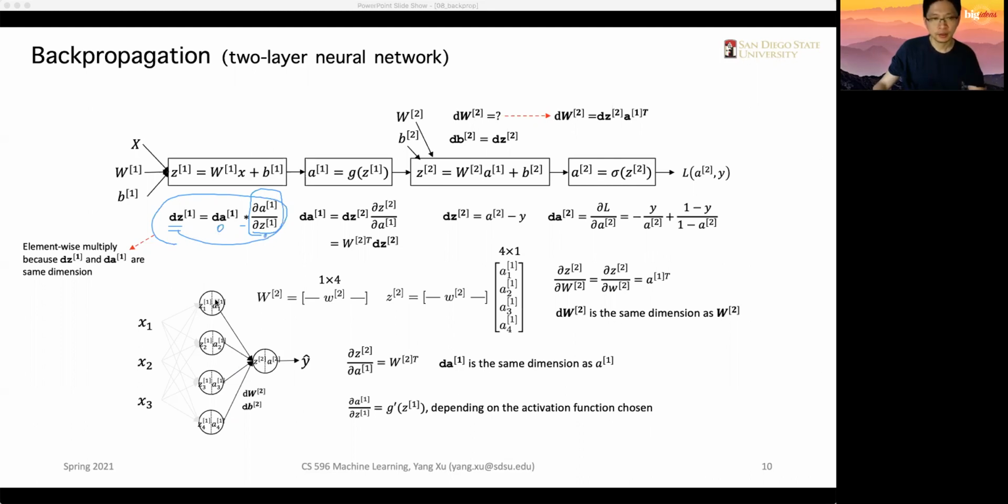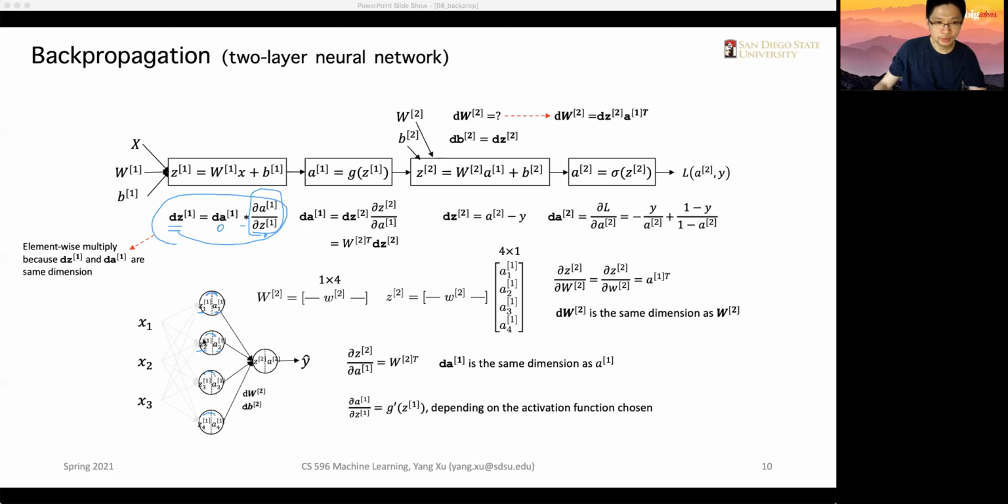That is because the mapping relationship between A and Z is a one-to-one match. The computation of A1 only relies on Z1, and A2 only relies on Z2. It's just the activation function taking effect between Z1 and A1.